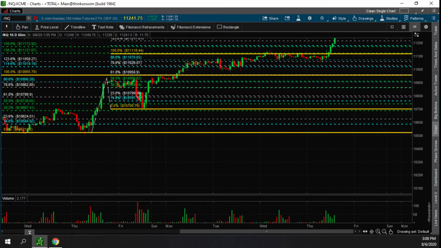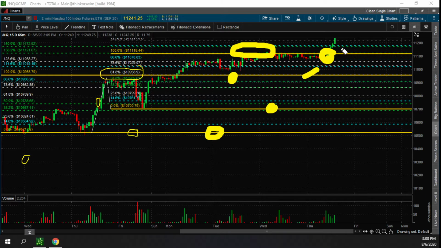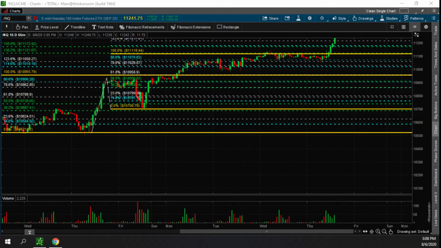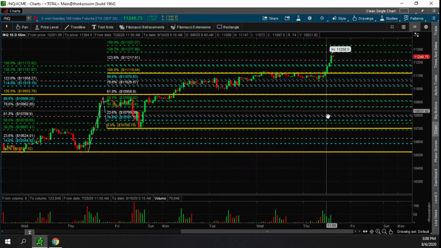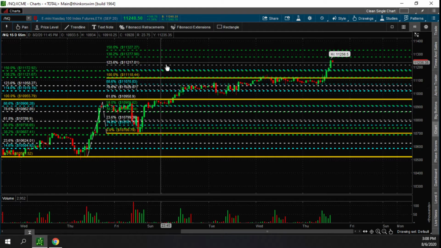So that is something you have to look at. 100% upside right here. That is something you have to keep an eye on. If you're thinking about trading the fibs, that is one way to do it.